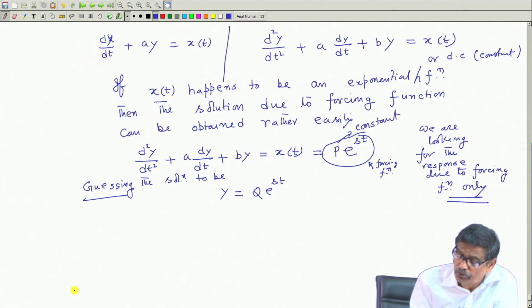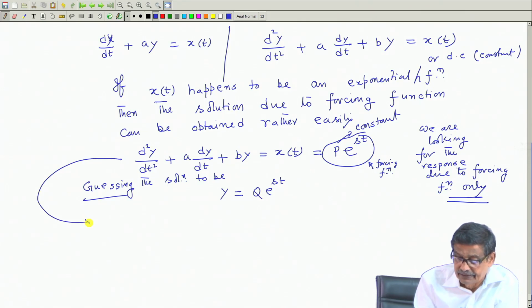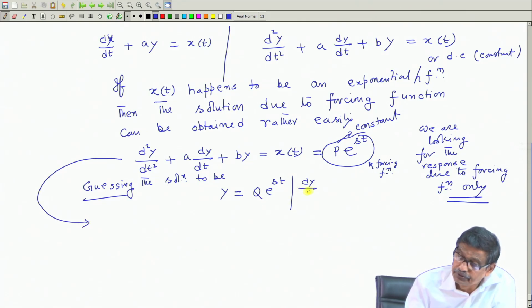So, what I do, I put this solution here on the left hand side. So, you know, I have to calculate dy/dt because I have to put it here. So, dy/dt will be, if you assume this to be the solution, s into q into e to the power s t, is it not?